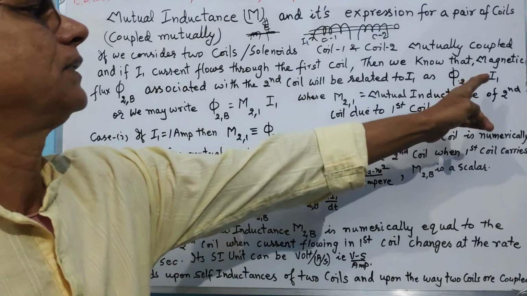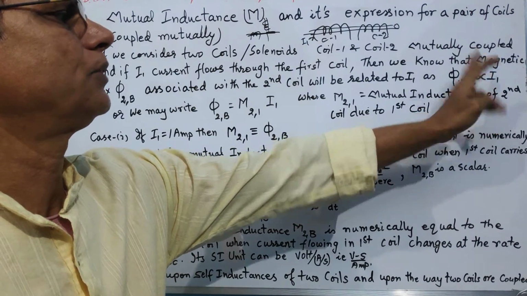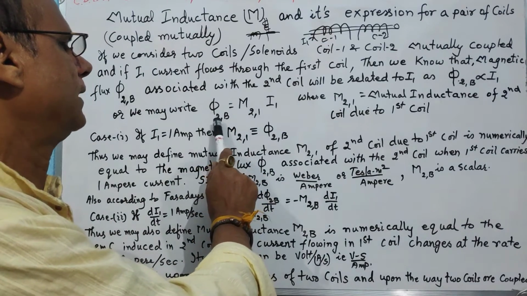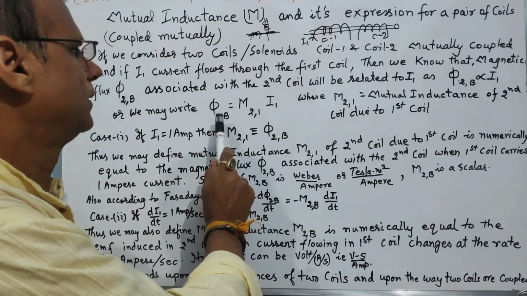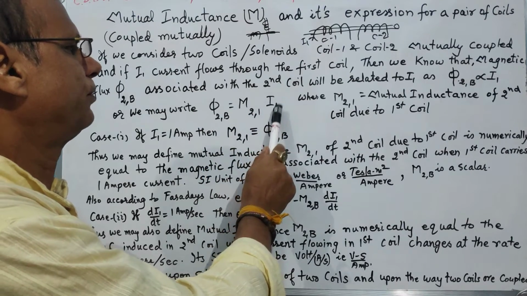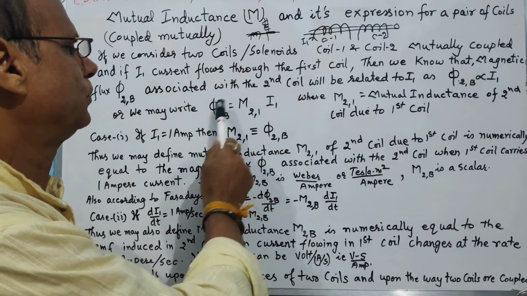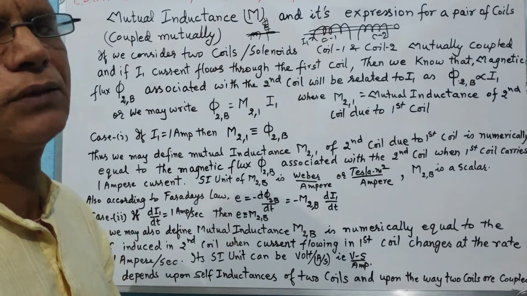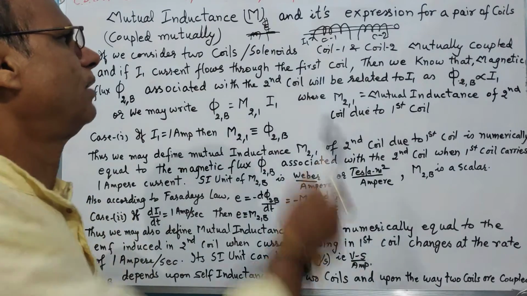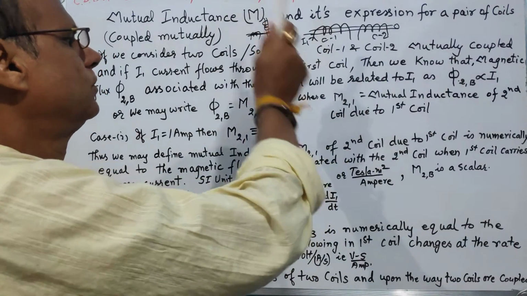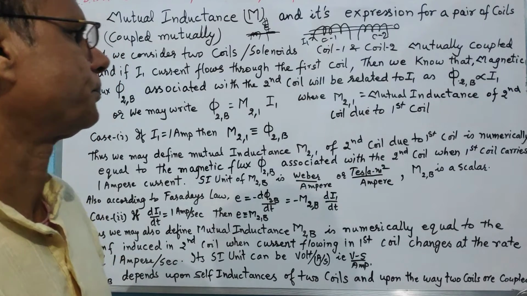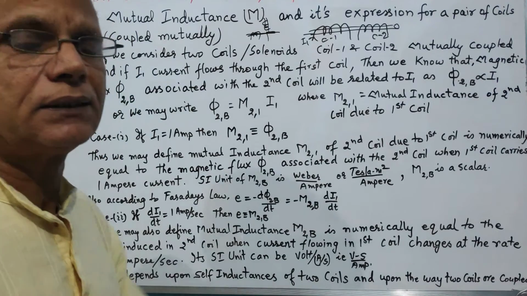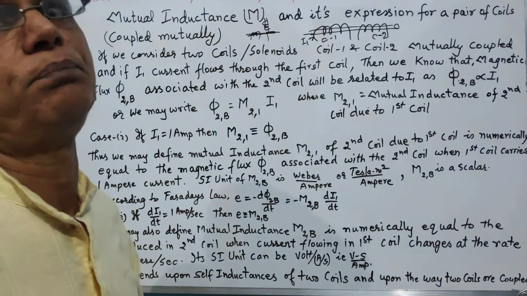Now once we have this proportionality sign, if we want to replace it, we must introduce some constant, and so we have done that. The magnetic flux associated with the second coil due to current I1 flowing in the first coil will be phi 2B equal to M21 into I1, where M21 is a constant which is known as the mutual inductance of the second coil due to the presence of the first coil, and it is a constant for a given pair of coils and a given method of coupling.